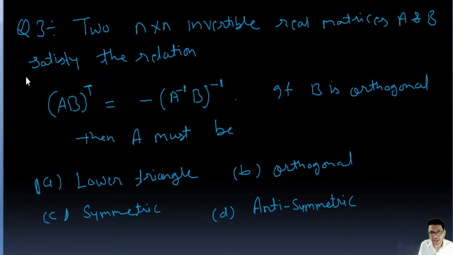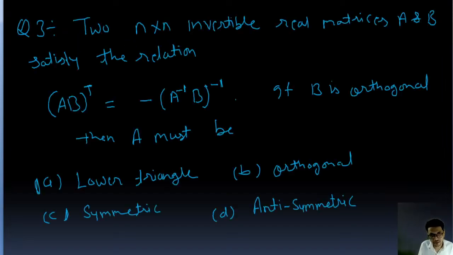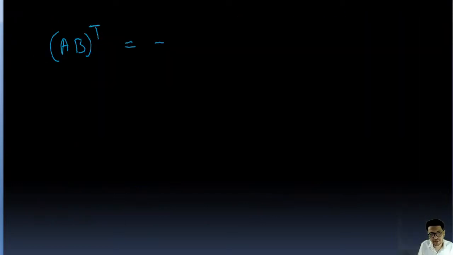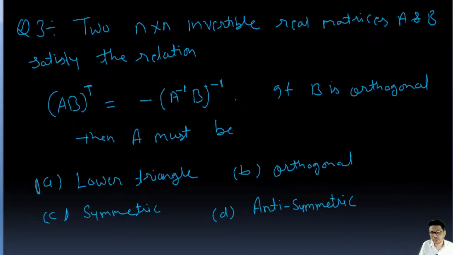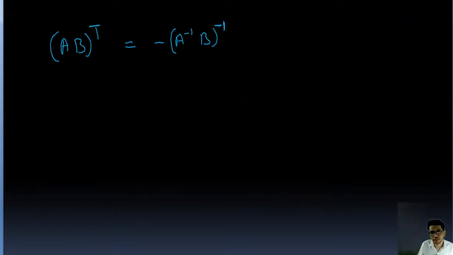So what we have been given, I'll write it: transpose of A B is equal to minus inverse of A inverse B. This is what is given.